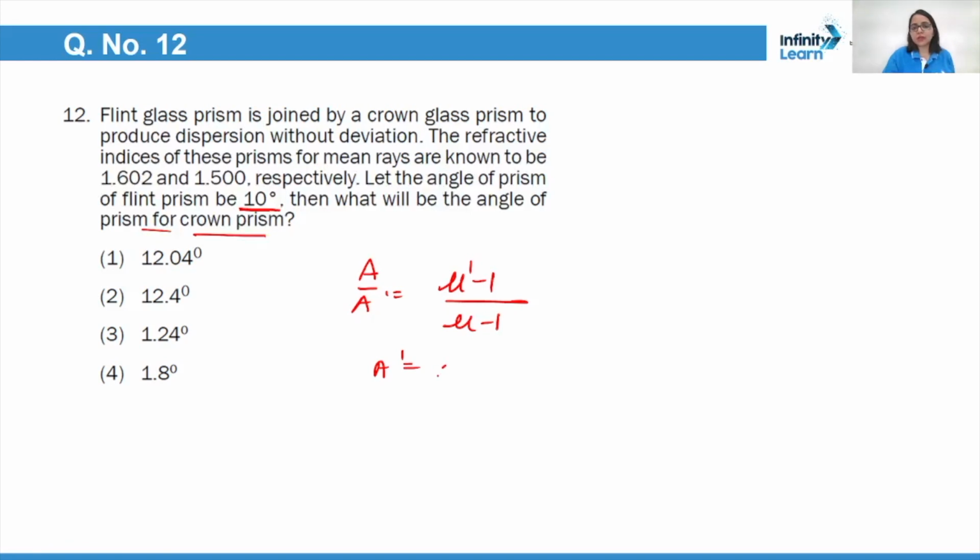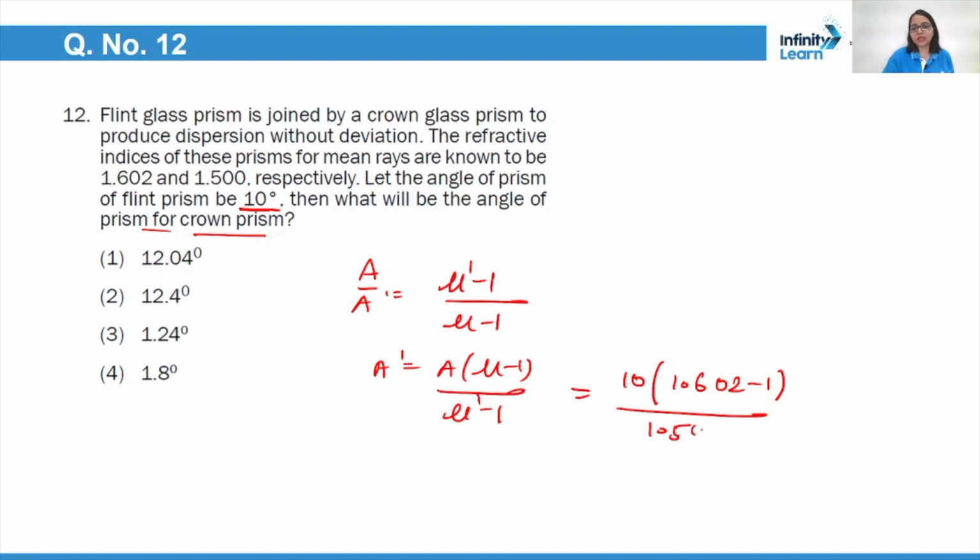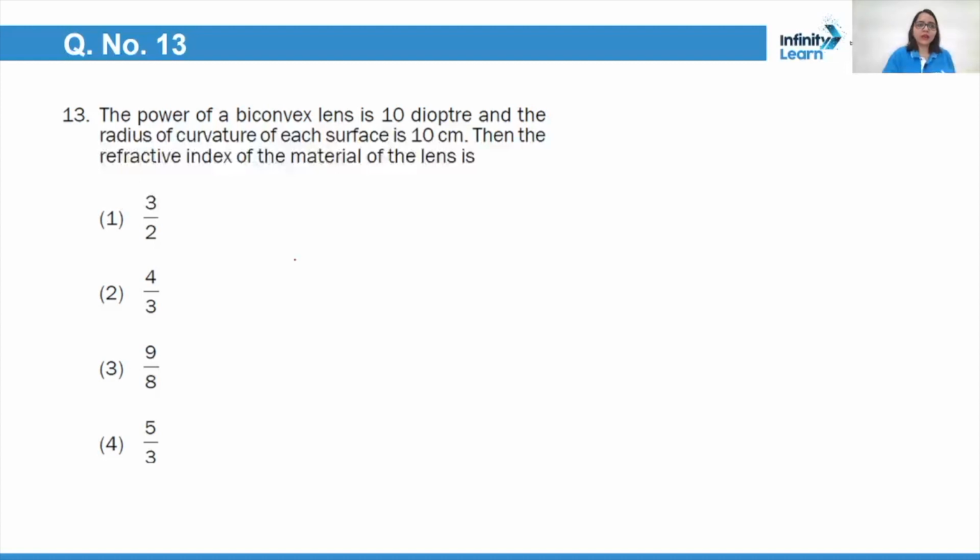So A dash will be A into mu minus 1 upon mu dash minus 1. So A is 10. Mu is 1.602 minus 1 divided by 1.500 minus 1. So after solving this one, you will get angle of prism for the second prism as 12.04 degree, which is option 1. Question number 13.